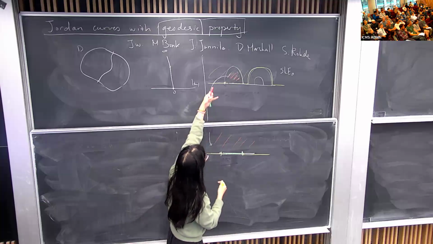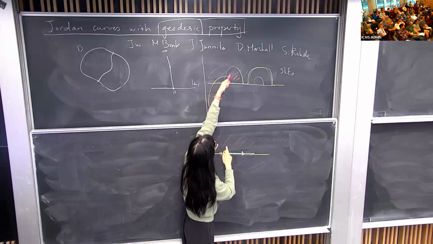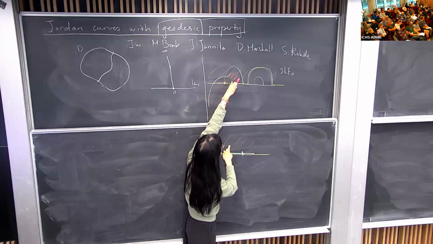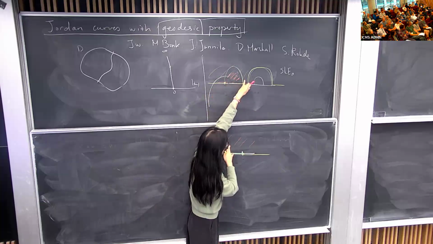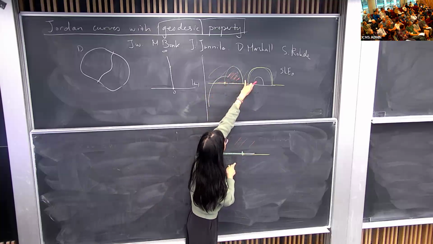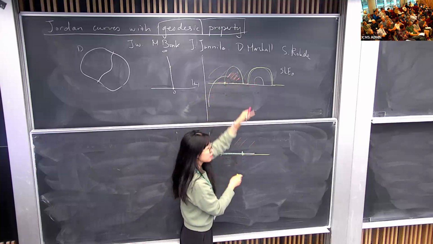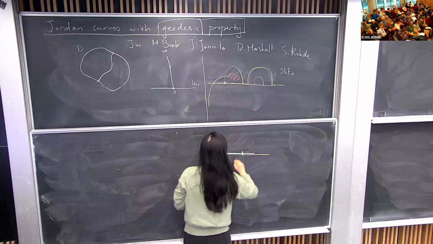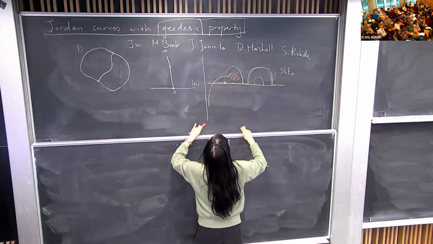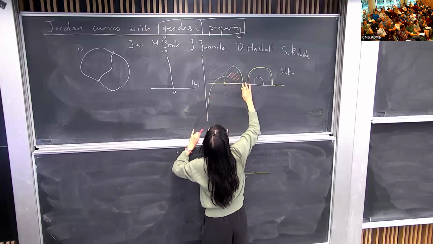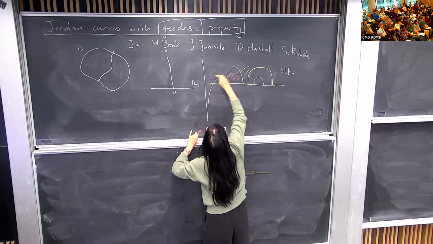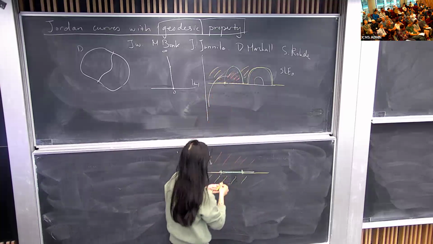Whenever I have a map from this side to the upper half plane, the geodesic property allows me to extend analytically such that the face outside will be mapped to the lower half plane.